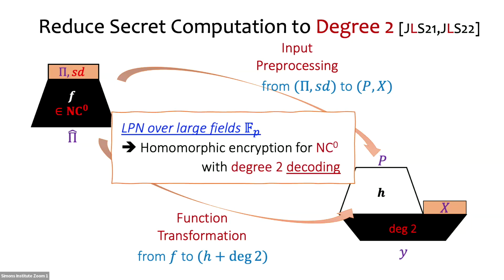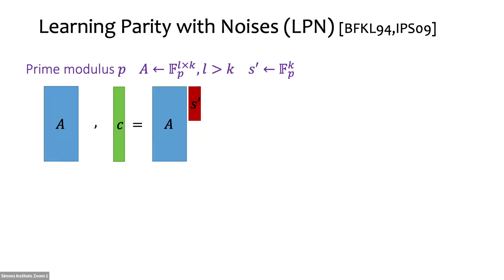The secret source to do this transformation turns out to be LPN over larger fields. What it really gives us is a very simple homomorphic encryption scheme for just NC0 functions, but it has the unique feature that we can have degree 2 decoding. Okay, so let's see how it works.